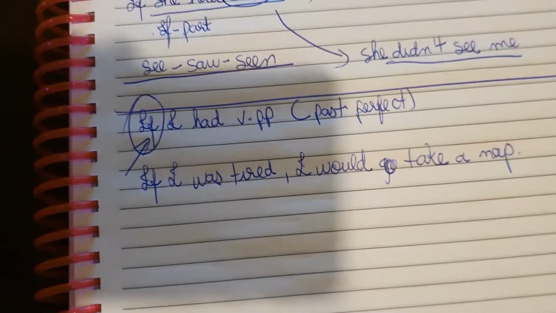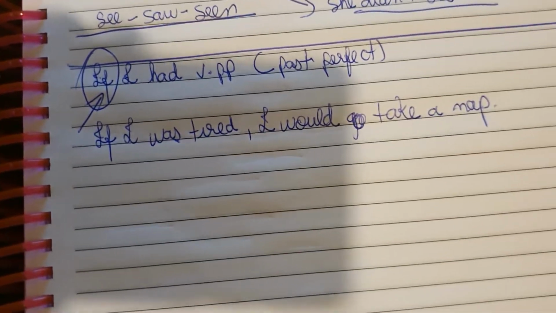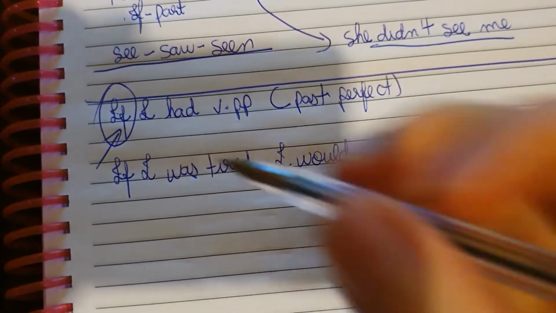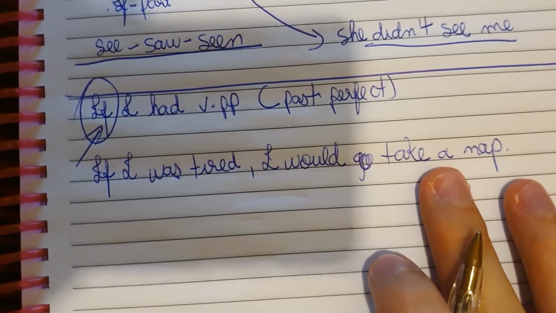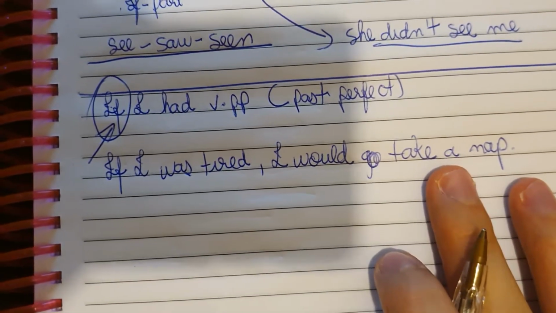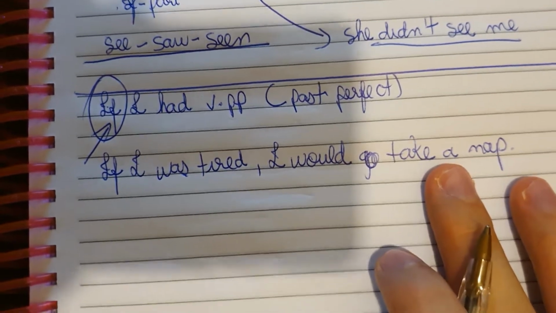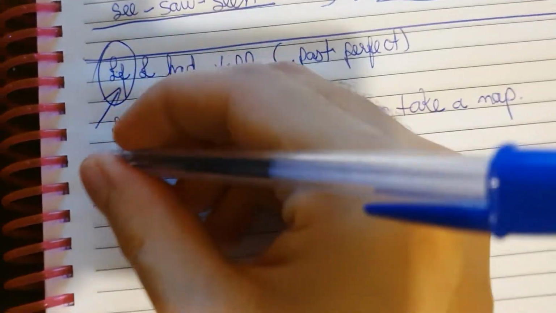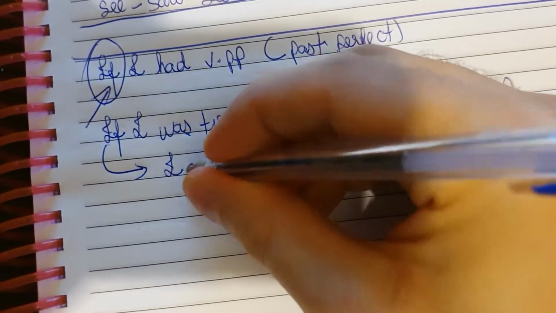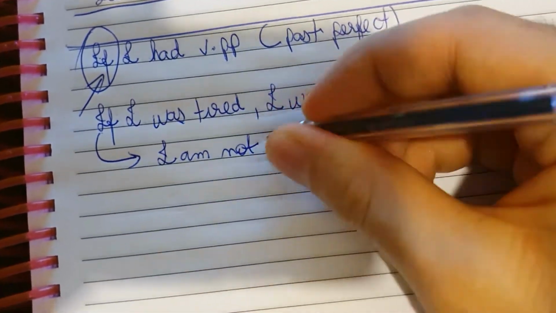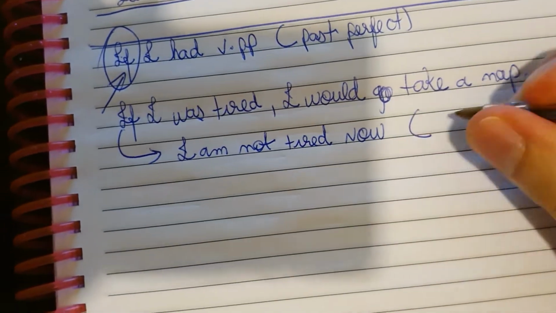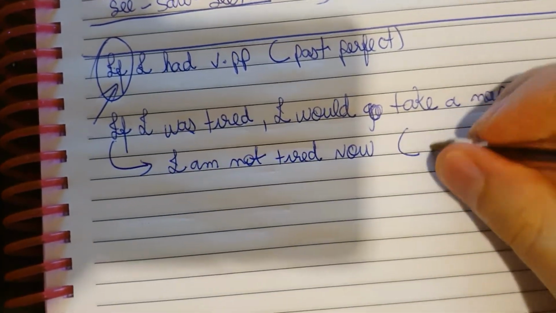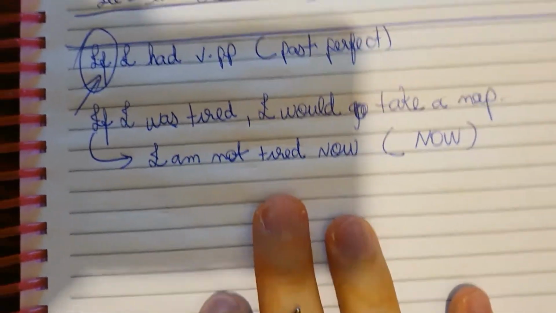And then you answer, if I was tired, I would take a nap. Does this situation refer to a past situation or a current situation? It's in the present, because this means I am not tired now. So this action takes place now, right?